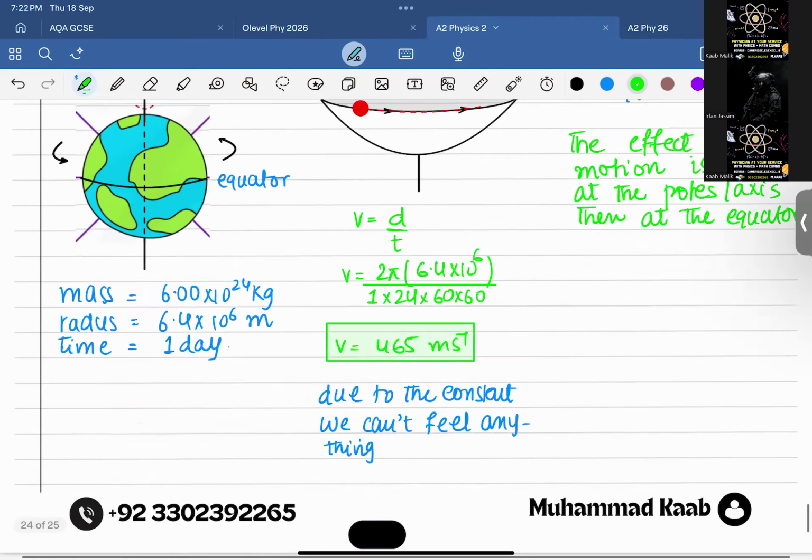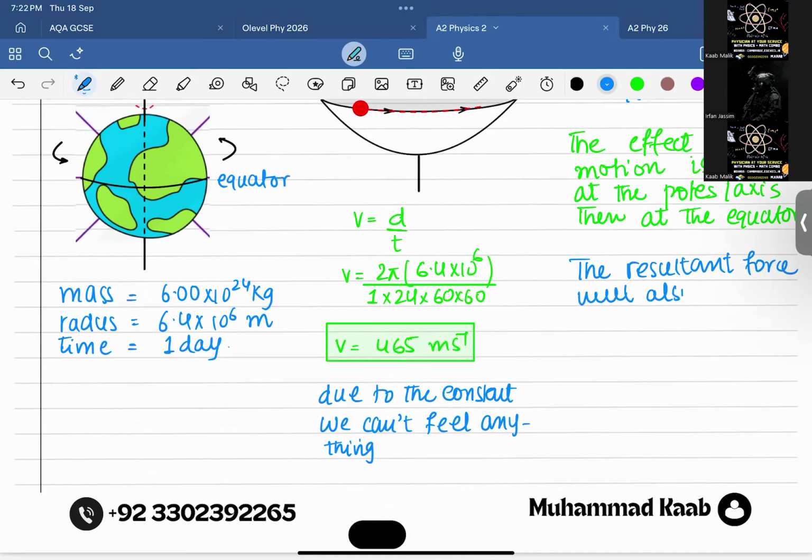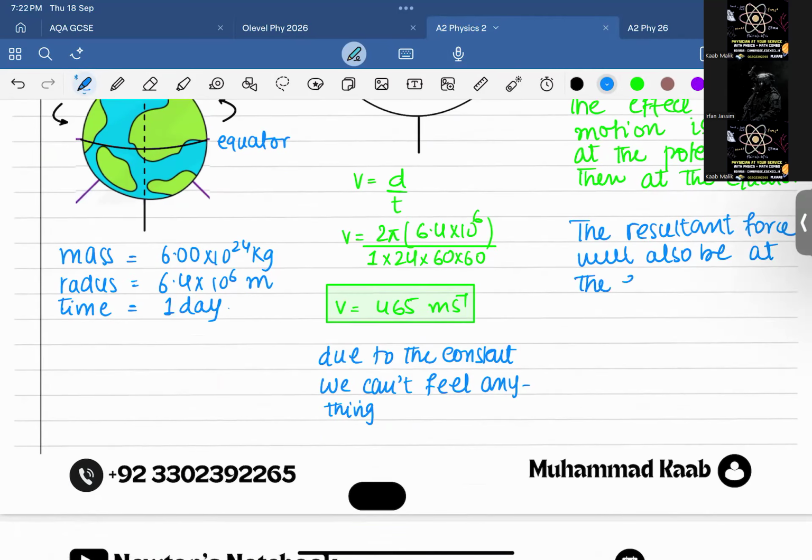So you can say that the resultant force will also be greater at the equator than at the pole, right. Is this concept clear?